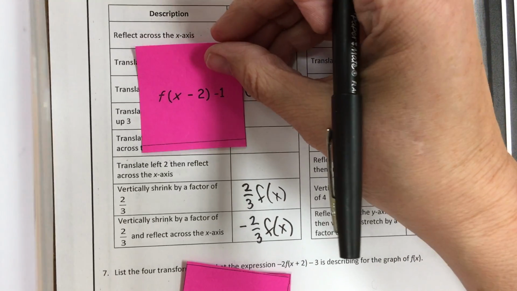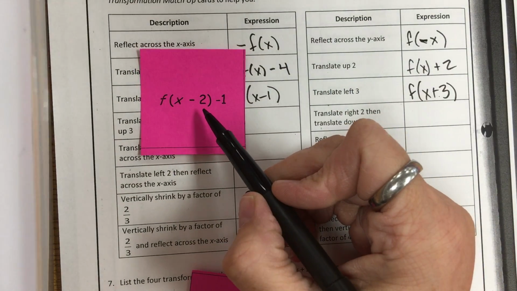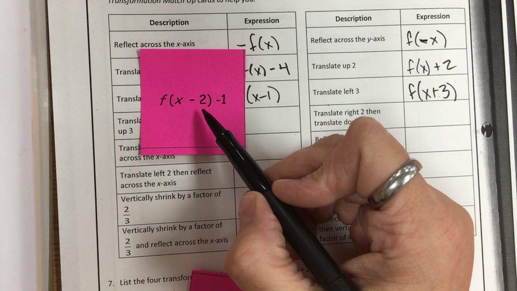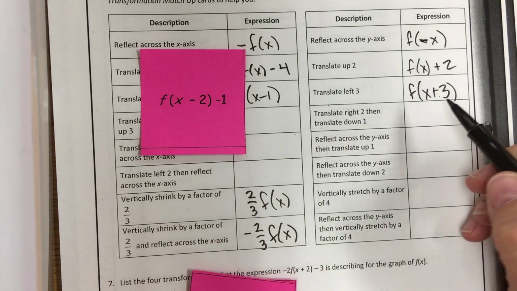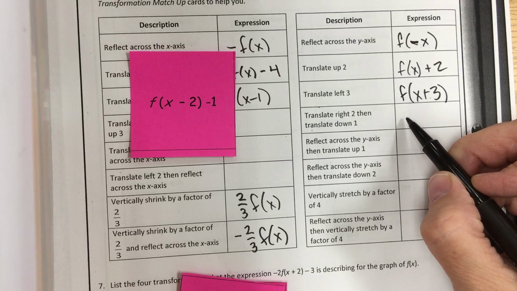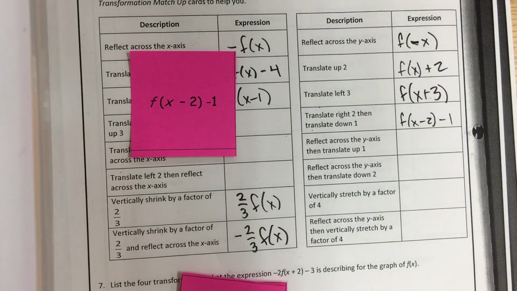So right here, I'm going to look at this one. Tells me I'm going to move the x 2 to the right. This tells me I'm going to go down 1. So 2 to the right and then translate down 1. So f of x minus 2, and then on the outside of the parentheses minus 1.